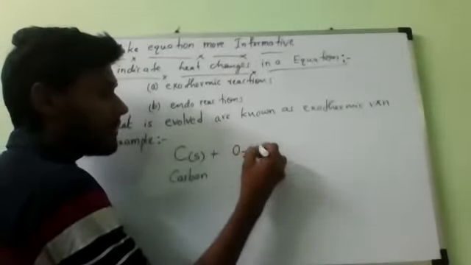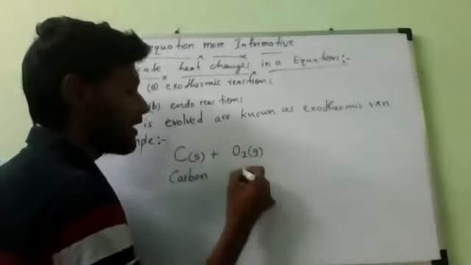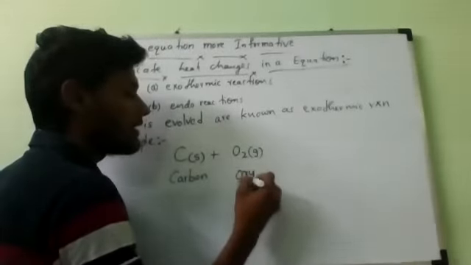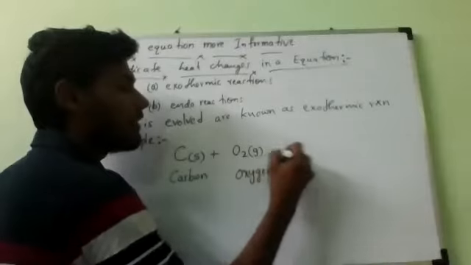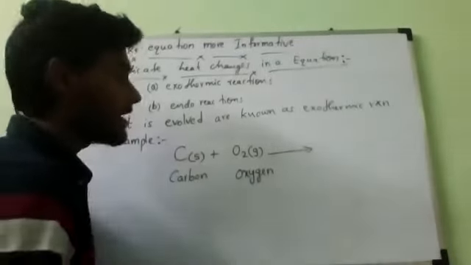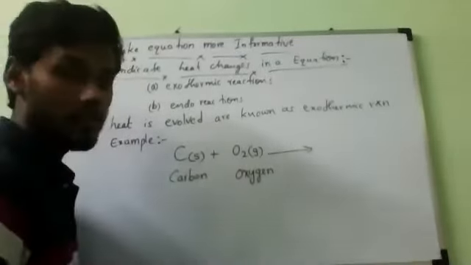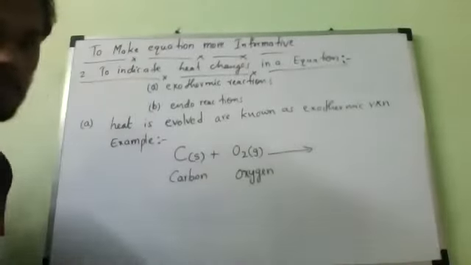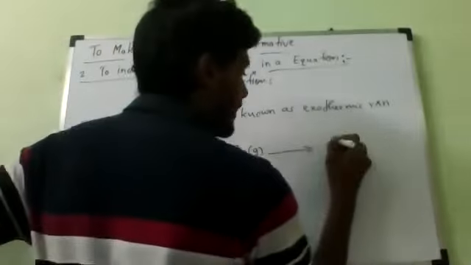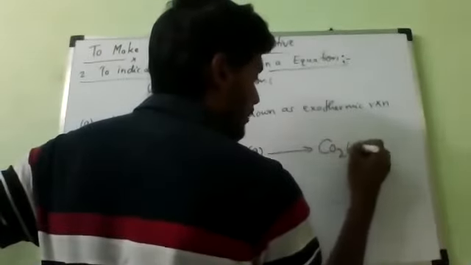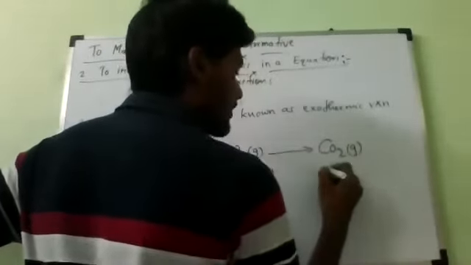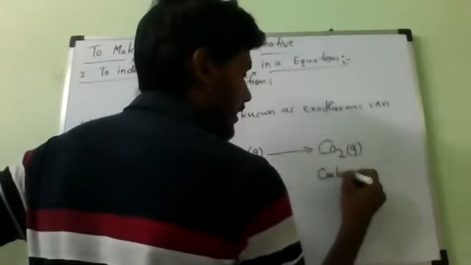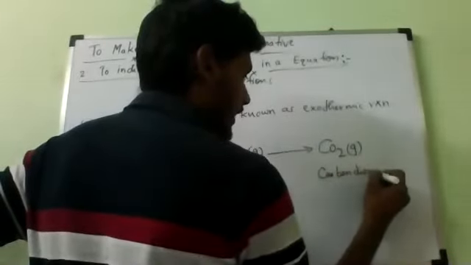Oxygen from where? From air, from the atmosphere. So it will start reacting with oxygen and form which gas? Guess it. Carbon and oxygen form carbon dioxide. Understand? Carbon dioxide.